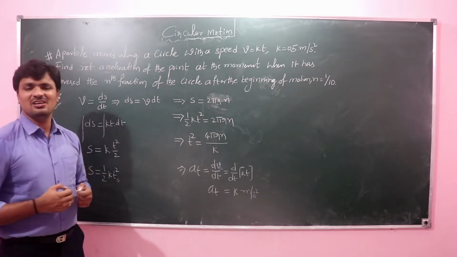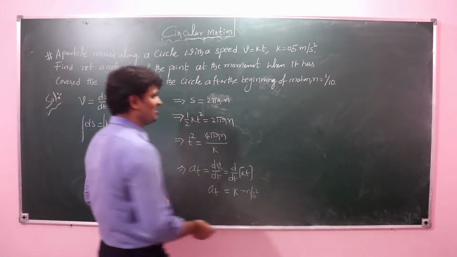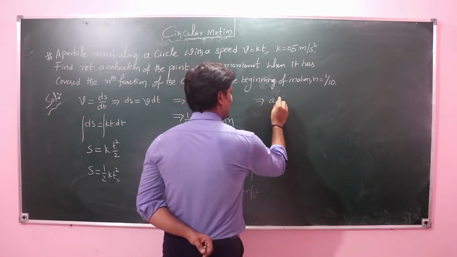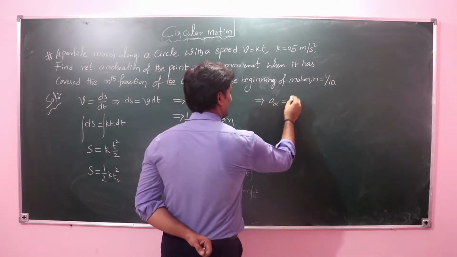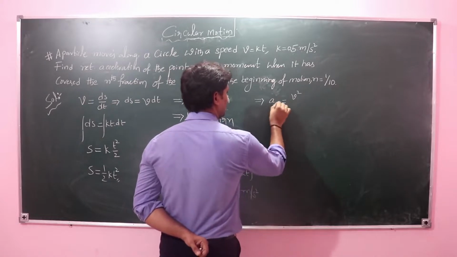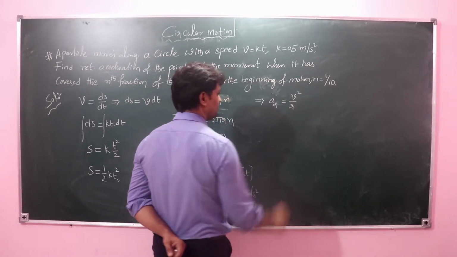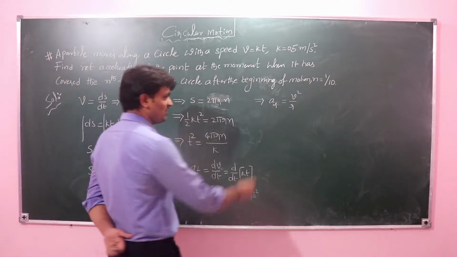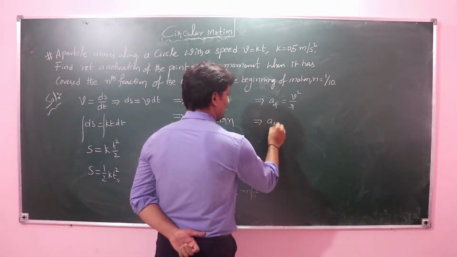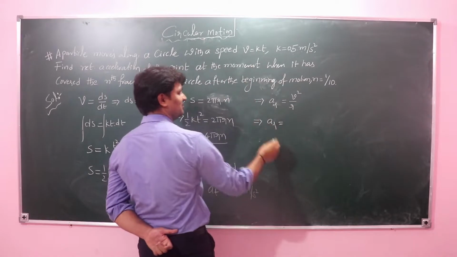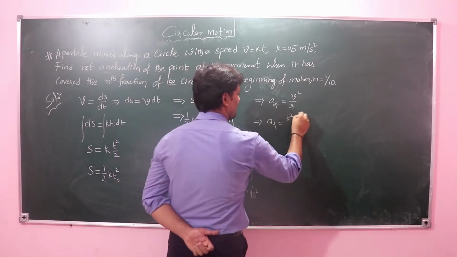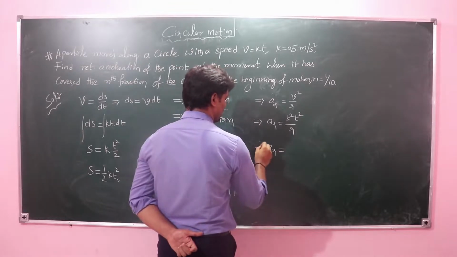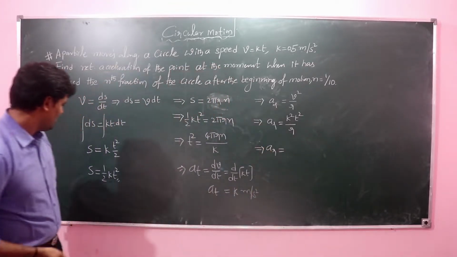Now move to the centripetal acceleration. The centripetal acceleration is ar is equal to v square upon r. You can substitute the value of v square: v square is equal to k square t square. Now put the value of t square. What is the value of t square?